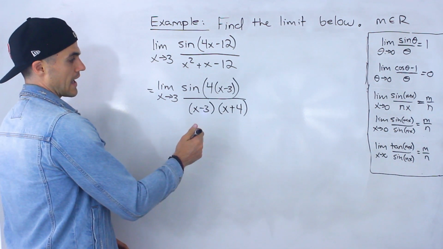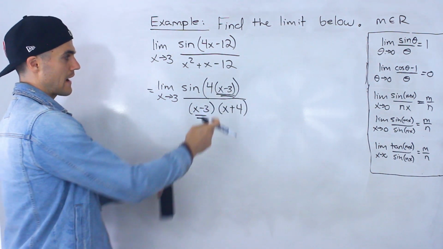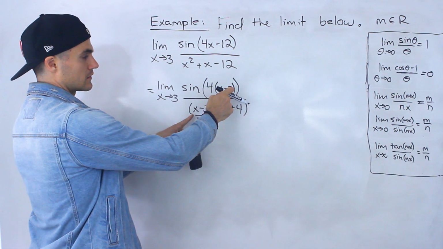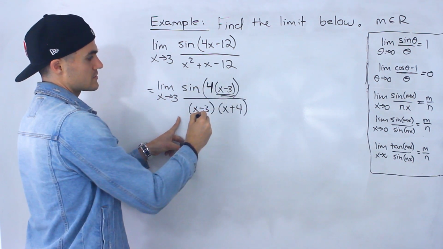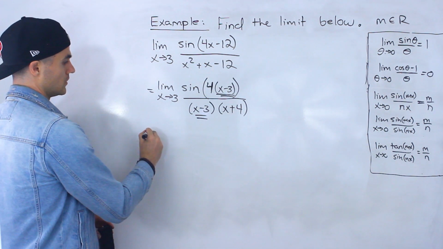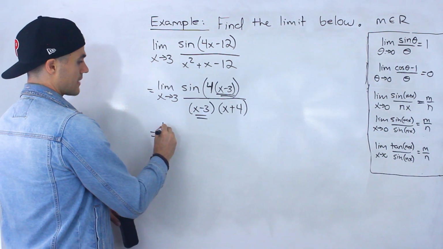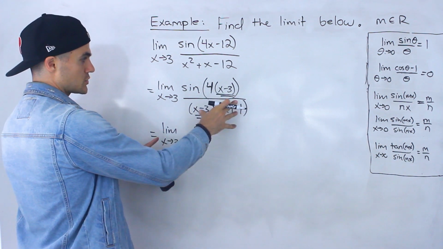So now notice that we have that same factor here, like we did before, but there's this 4 here. It's going to make things a little bit more complex, but it's still not going to be too bad. So let's just work it in steps. What I'm going to do is split this up into two expressions.